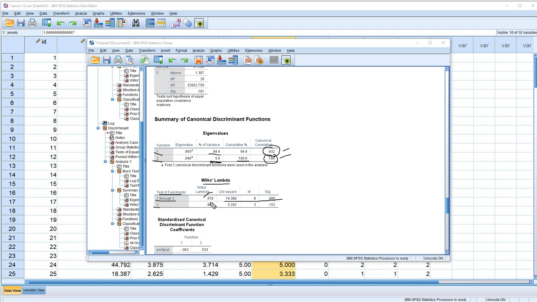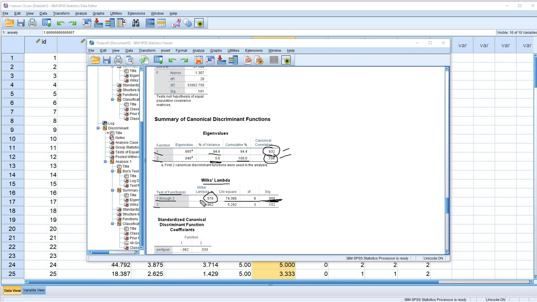The Wilks' lambda value that you see right here is also the same Wilks' lambda that you will find in the MANOVA table if you were comparing the groups on our variables. And you can see that this test is statistically significant. So at a minimum, we can say that at least one discriminant function would be producing separation between the groups.